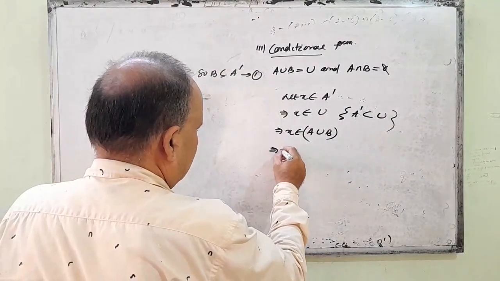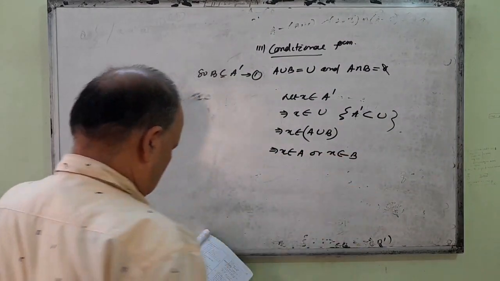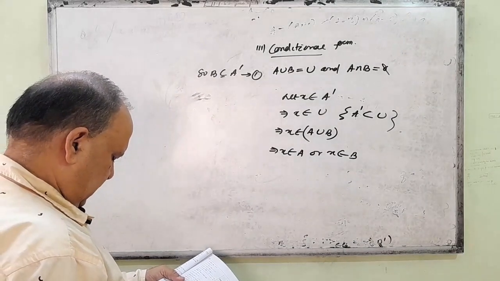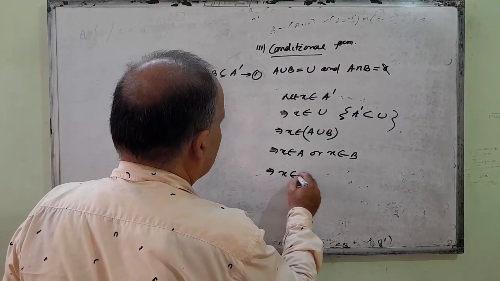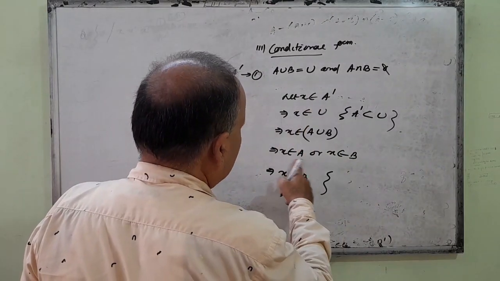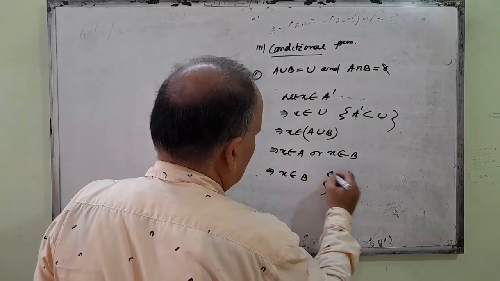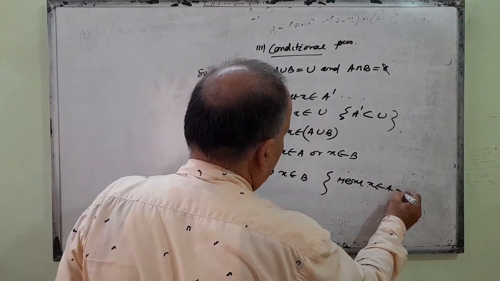This implies that x belongs to A or x belongs to B. This implies that x belongs to B, because as x belongs to A dash, x cannot belong to A. So x belongs to A is not possible.